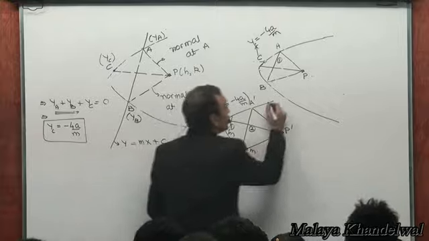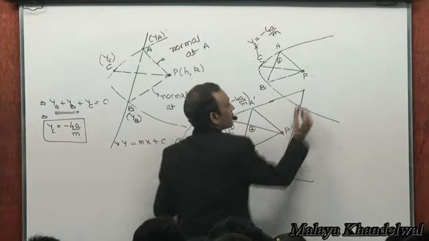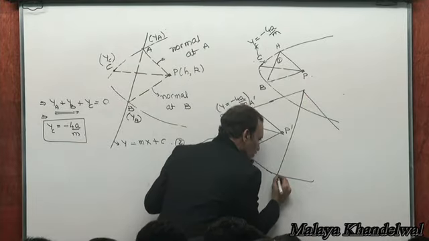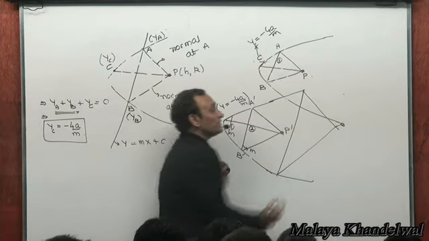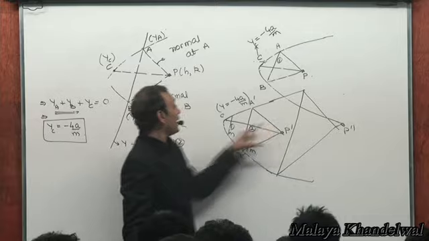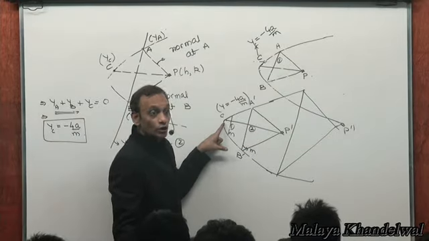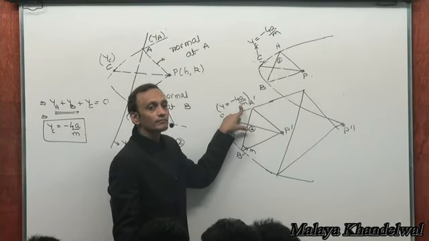If I take a third parallel chord and draw normals at the extremities of the chord, the normals intersect at P double prime, and from P double prime I draw a third normal. Then it will be at the same point C, which is Y equal to minus 4A by M. Yes or no?